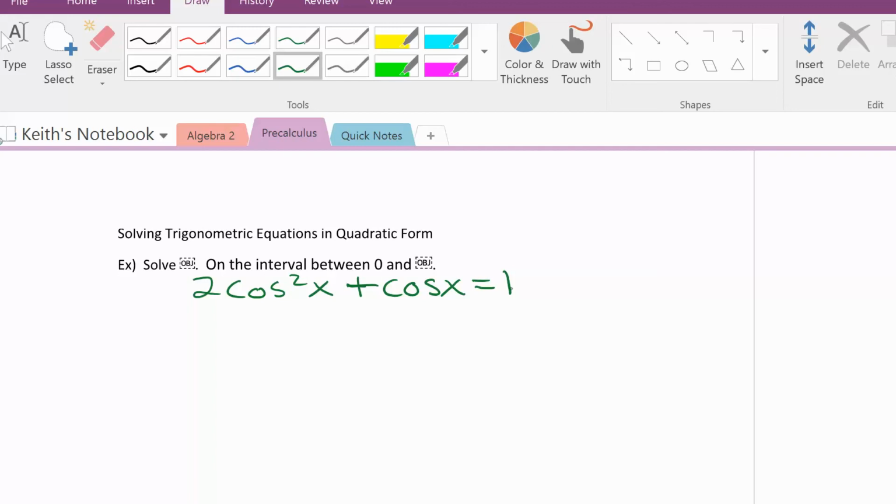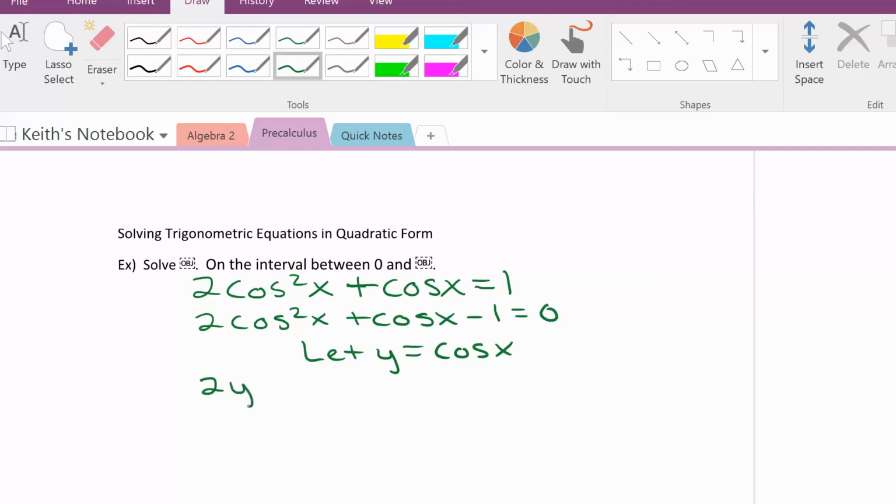And then to get it to be a quadratic, we set it equal to 0. So we go 2 cosine squared plus cosine minus 1 equals 0. And then we substitute. So we're going to say let y equal cosine x. So this is really 2y squared plus y minus 1 equals 0.